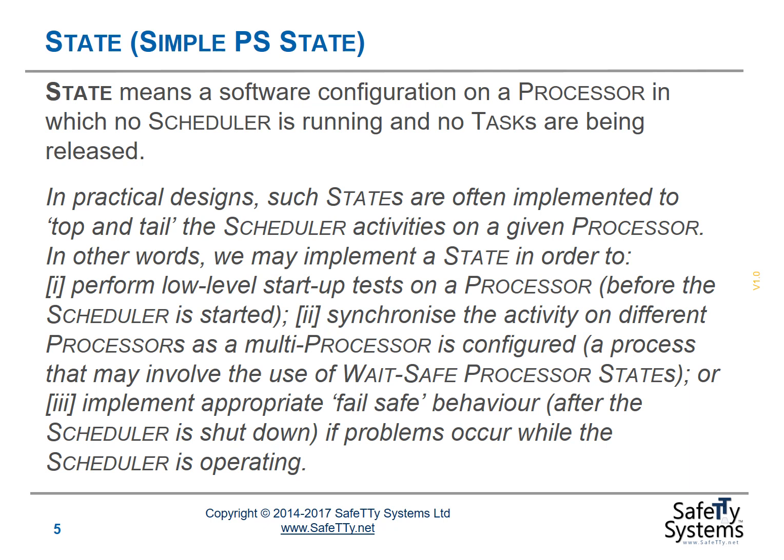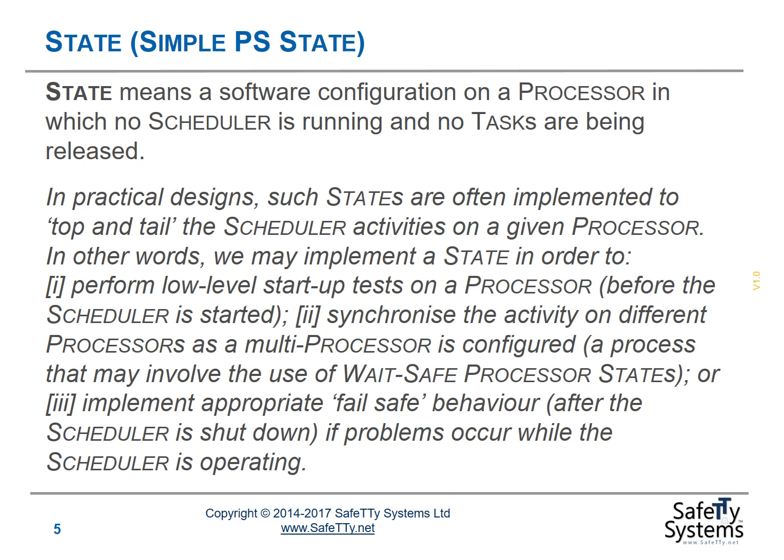In other words, we may implement a state in order to perform low-level startup tests on a processor before the scheduler begins to operate. We may use a state to synchronize the activity on different processors as a multiprocessor design is configured, a process that may involve the use of wait-safe processor states.